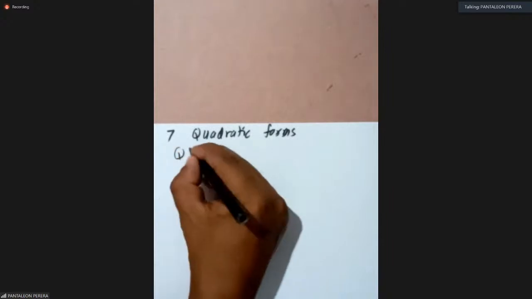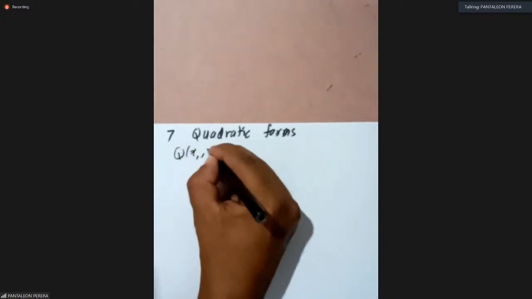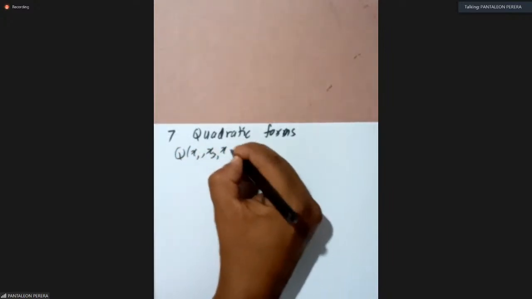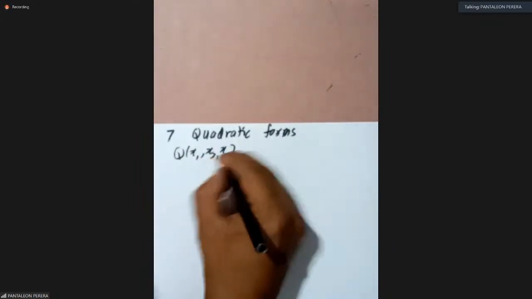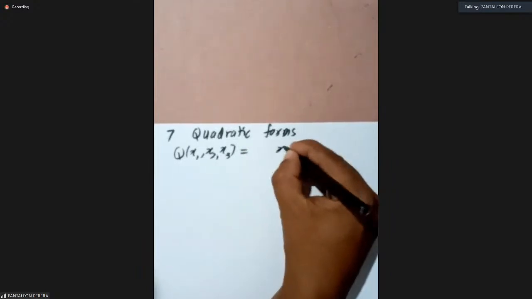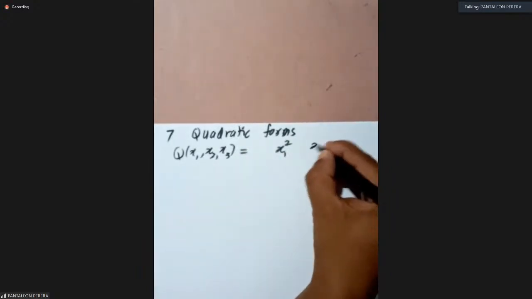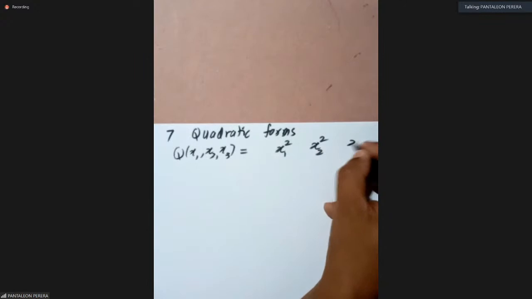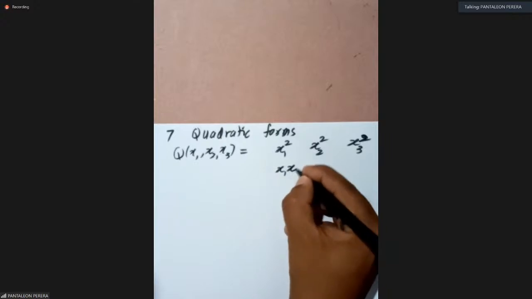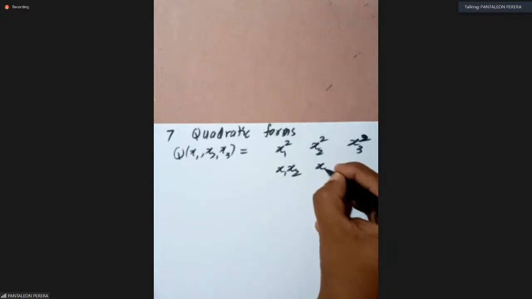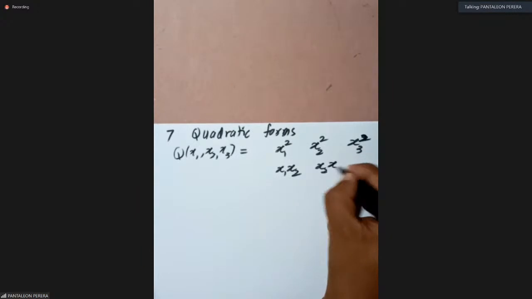I don't want to go for the general sense; I will go for this one. My quadratic form is like this. You can have x1 squared, x2 squared, x3 squared, and thereafter you have x1 x2. In every term, the degree is 2.